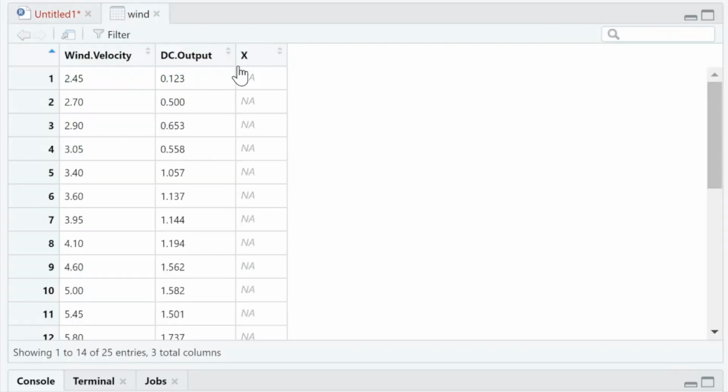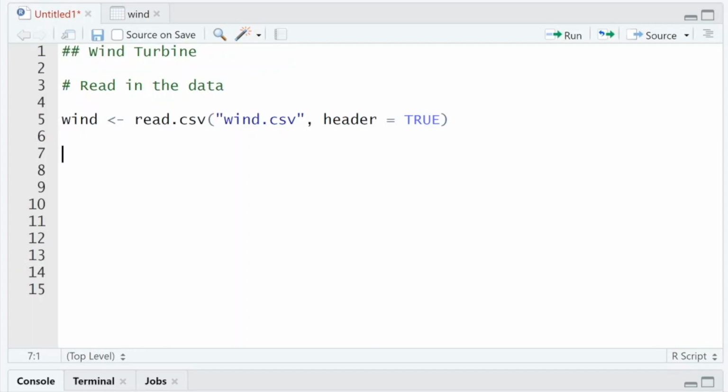So the first thing we want to do, just for ease of working, is get rid of this third column here. It might not be there for you, it is for me. All we're going to do is say wind, we're going to get that same data, call it the same thing, and use the data from wind. We're going to use this square bracket notation. Recall that the square bracket notation is row and then column, row numbers and then column numbers.